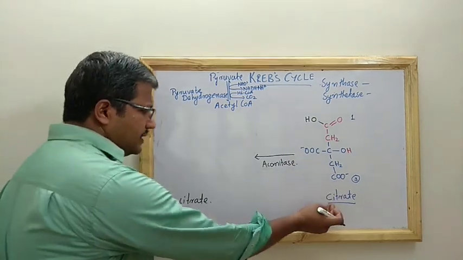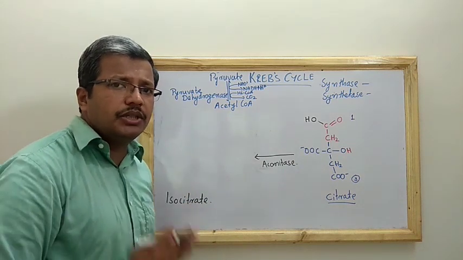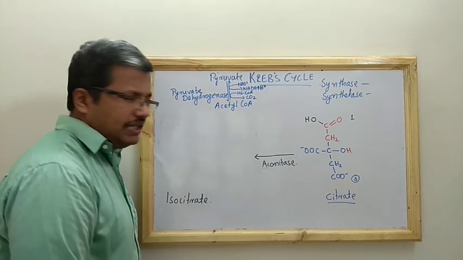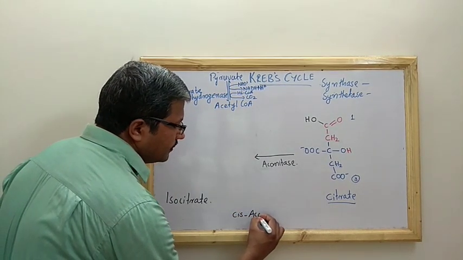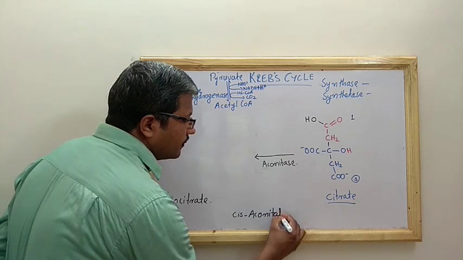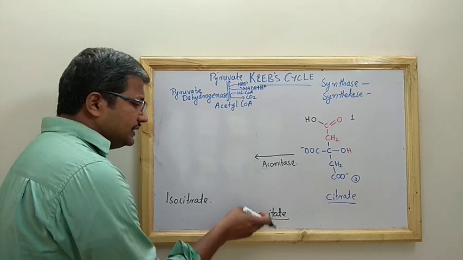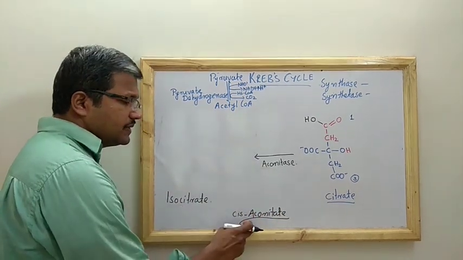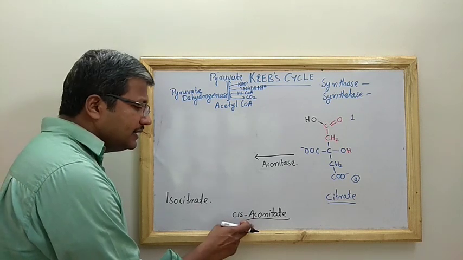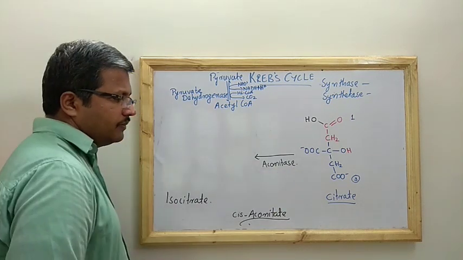Because in between citrate and isocitrate, there is an intermediate compound known as cis-aconitate, which is converted into isocitrate. So in between citrate and isocitrate, cis-aconitate is there, and this presence is making the name aconitase.